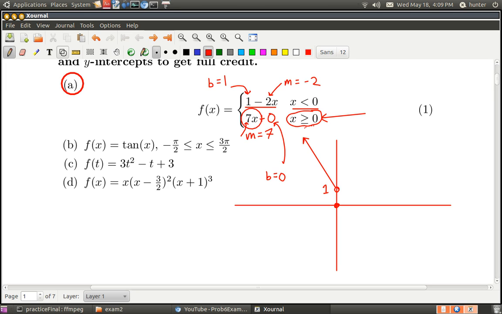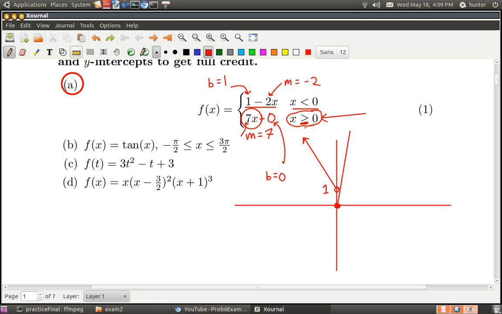And I can make a big solid ball here because of this equal sign. And what do I need to do now? I need to take off at a slope of 7, which is very steep. So I'll just draw something like this. I don't like that line, I'm going to do it again. So something like this.